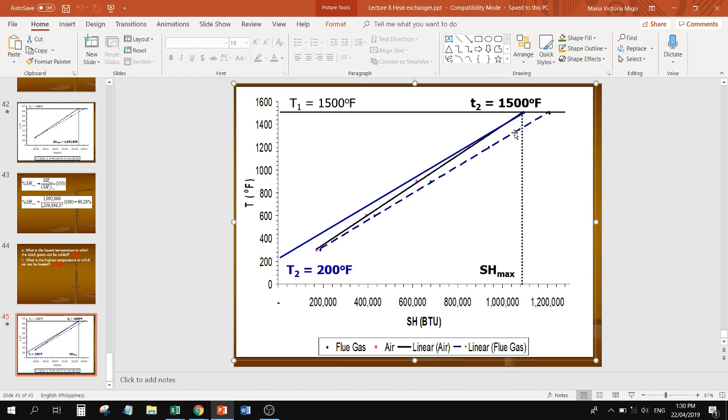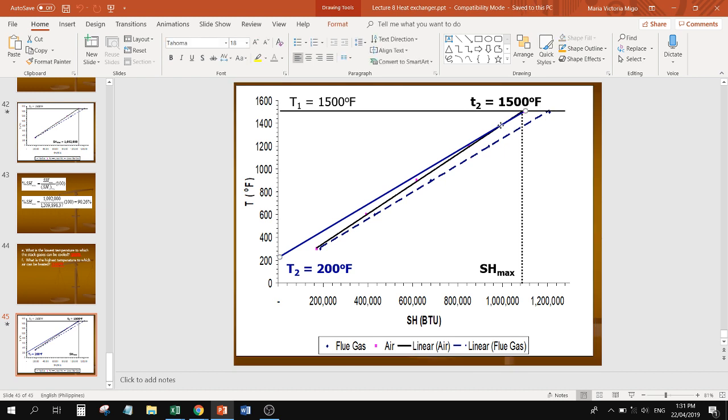So it's like shifting this line here to here, and the intersection with the y-axis would give you the lowest temperature. So how can you do that using the equations of lines? I leave that to you to figure out.